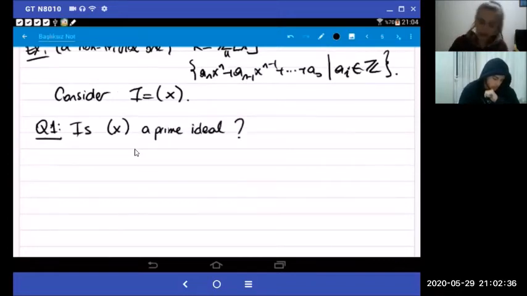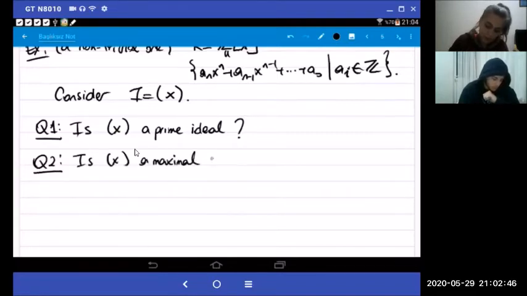This is our first question. The second one is, is it maximal? What do you think? Is it prime or maximal? Or both? We don't know. Any suggestion?